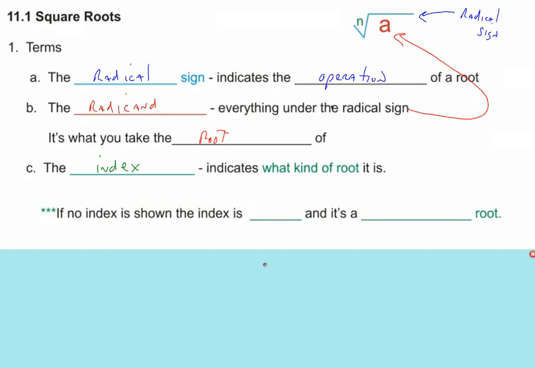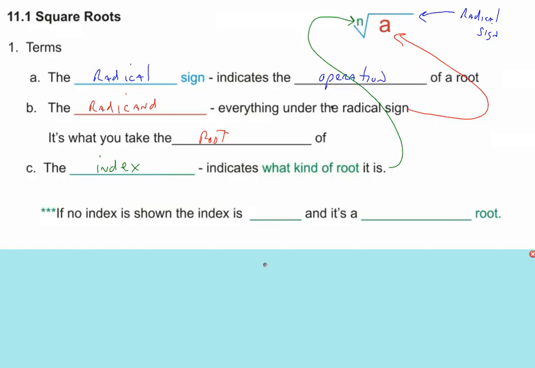So again, I'll just use a green arrow and go up to the N. The index, what kind of root it is. The index is usually a number in the crevice of the radical sign. A number in the crevice of the radical sign tells you what kind of root.